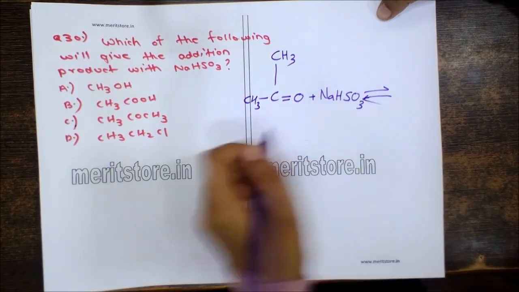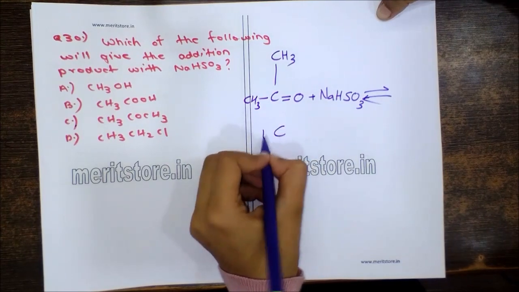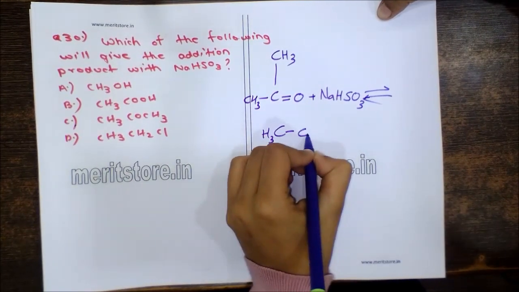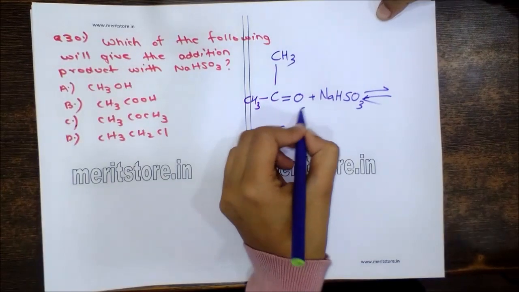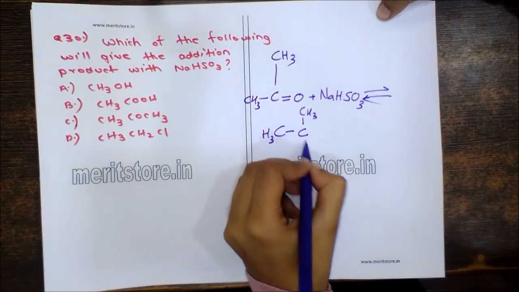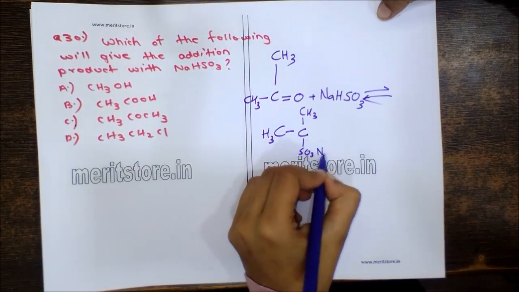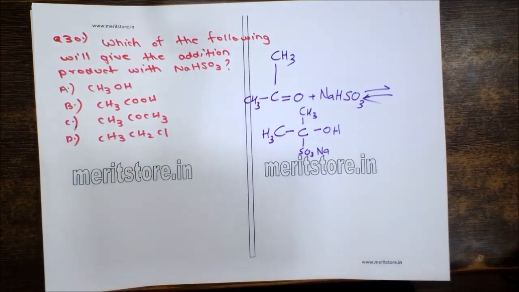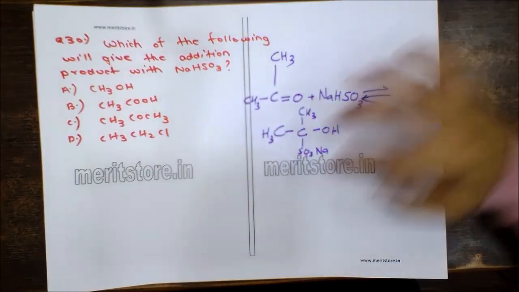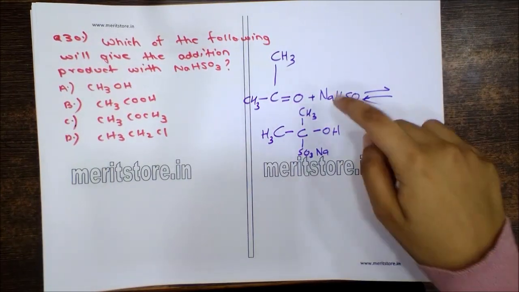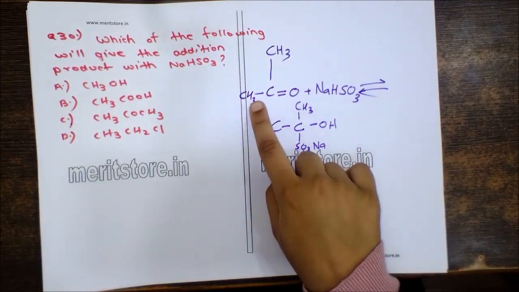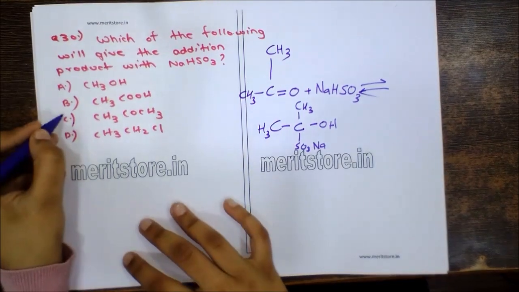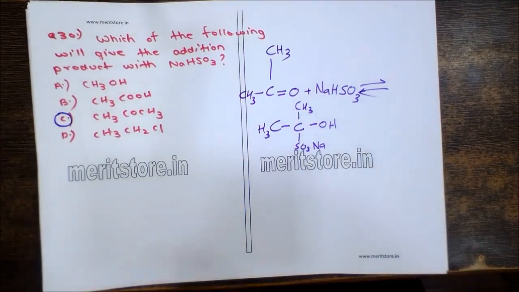Reversible reaction will give us CH3, CH3 over SO3Na and over OH. So this is my acetone sodium bisulfite. This is my addition product. But which gave this addition product was this CH3COCH3. Option C, CH3COCH3, is my correct answer.